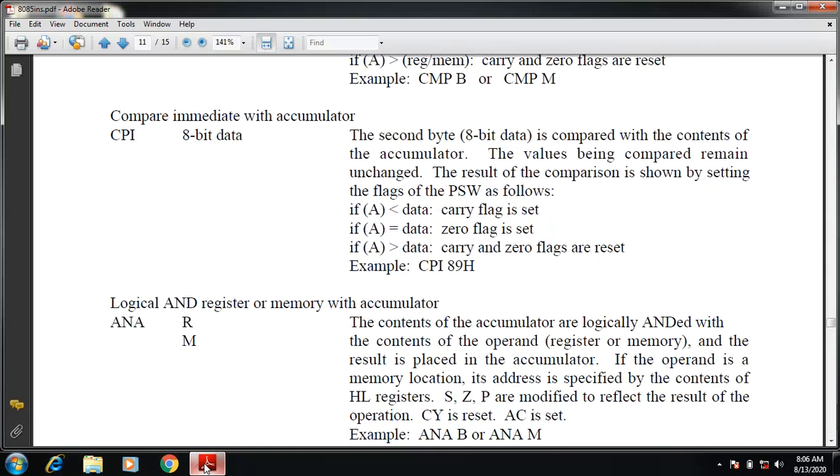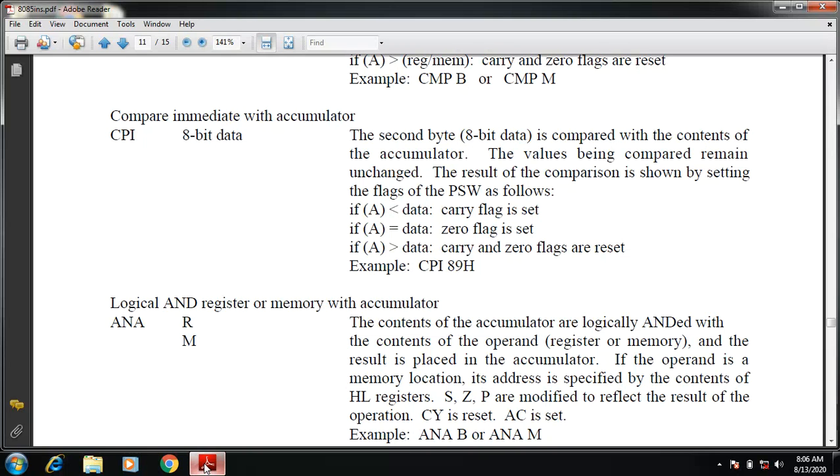Next, compare immediate with accumulator, CPI. Before, it was compare register or memory; here we compare immediate data, that is, the content of the accumulator and the operand data.